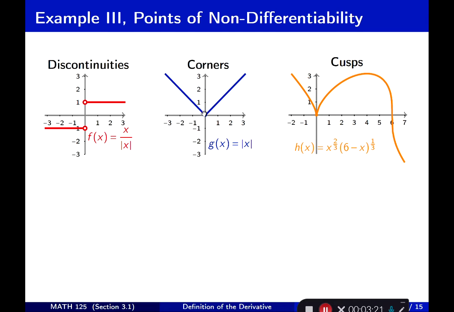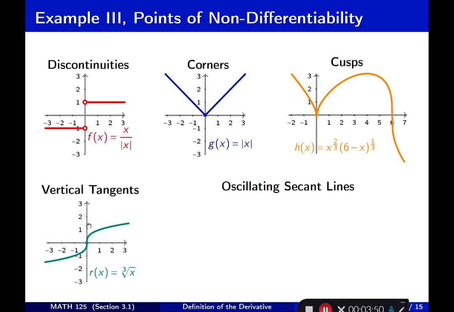At corners, obviously, just now we explained that corners are not differentiable. So g of x equal to absolute value of x, or this funky function that you will graph eventually in this course, x to the power 2/3 times 6 minus x to the power 1/3, has a point that is not differentiable at x equal to 0.